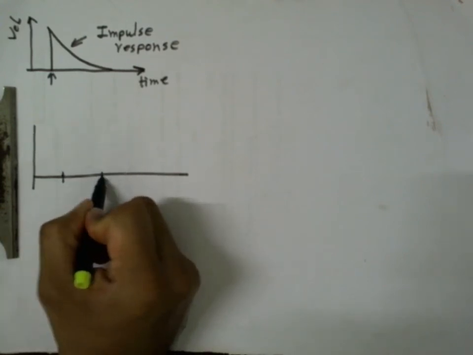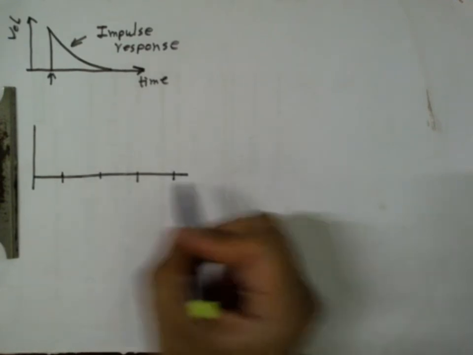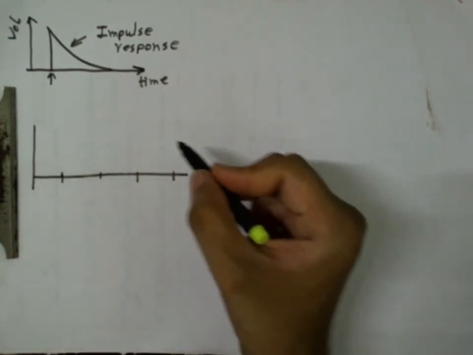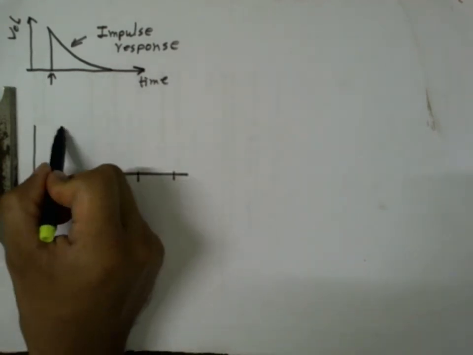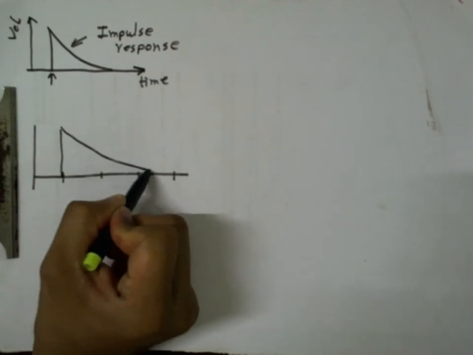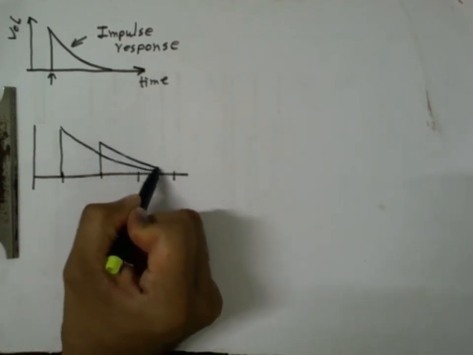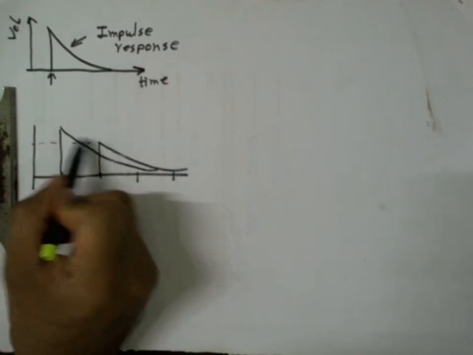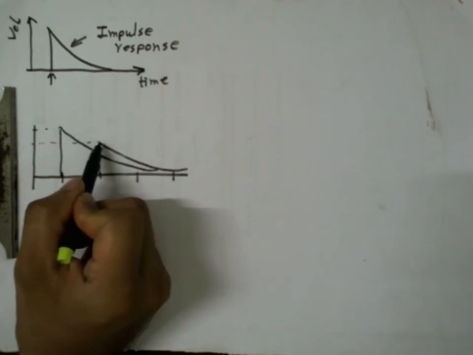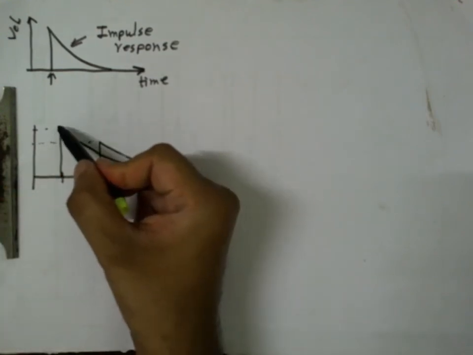If these are the instances when the gas is thrown out from the back, then depending on the amount of gas being thrown out, each will cause a velocity profile like this. Their individual heights depend on the amount of gas being thrown out. So here the height is lower, which means the amount of gas thrown out is less than the amount of gas thrown out here.